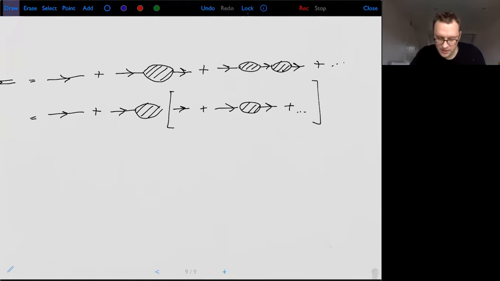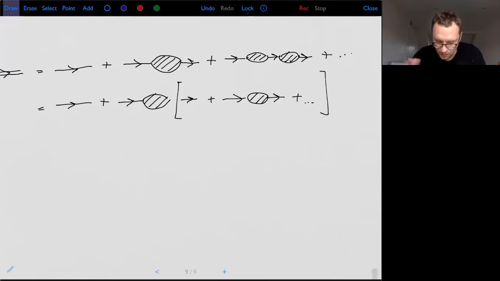Right, so if you multiply the second line back together, you generate the first line, right? But now if we look into this term in brackets, it's exactly the same as the first line. So the term in brackets is again the fully interacting Green's function.